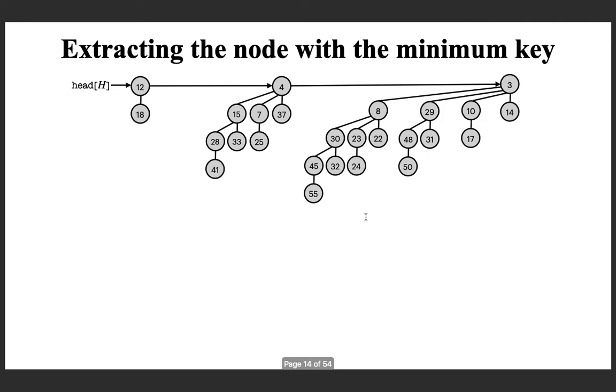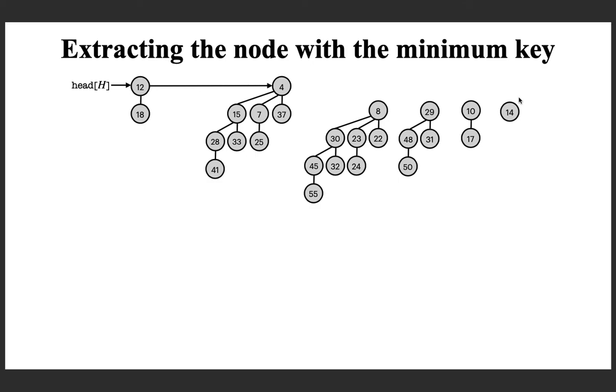For example, given this binomial heap, the minimal value root node is 3. Suppose you want to remove it. How can you do it? You can just remove this node, and once you remove it, there is no point in retaining all these links, so you remove all those links as well.